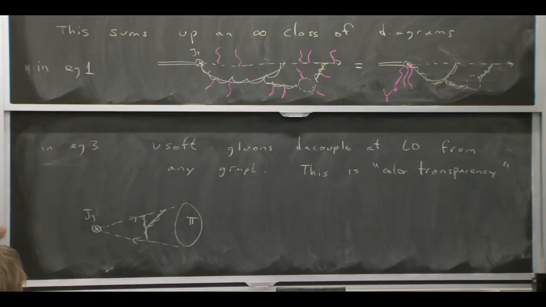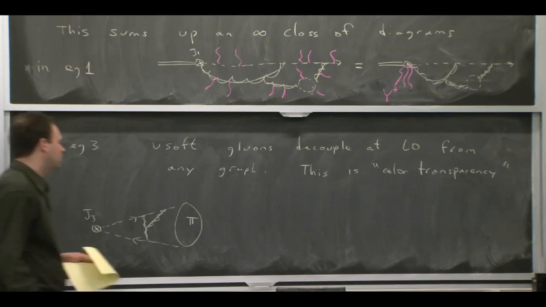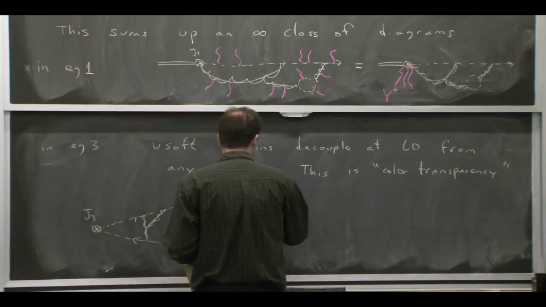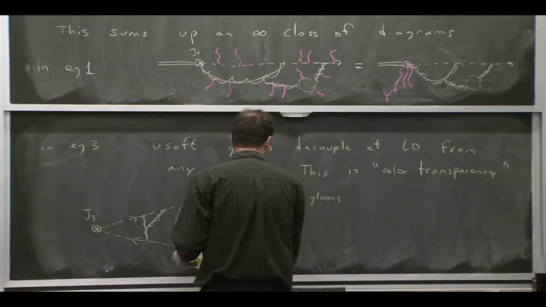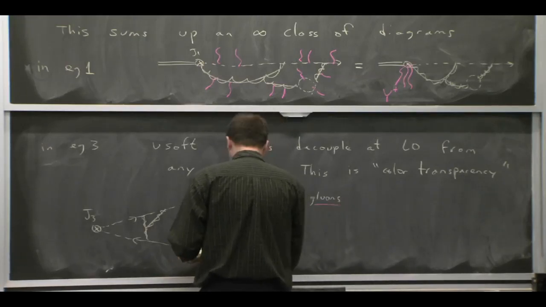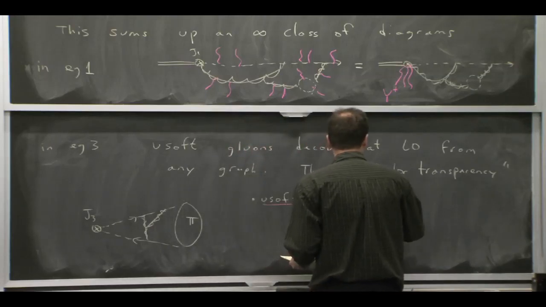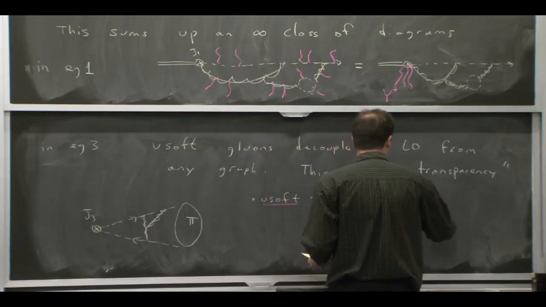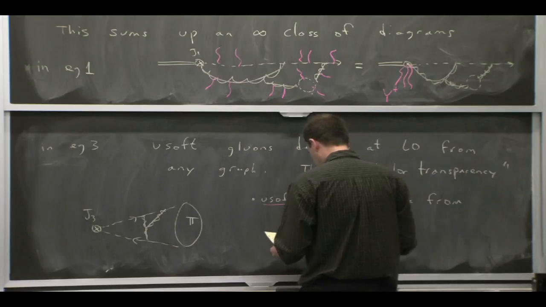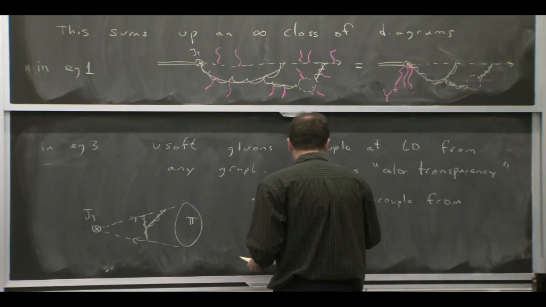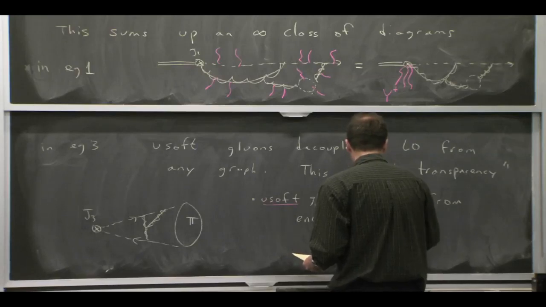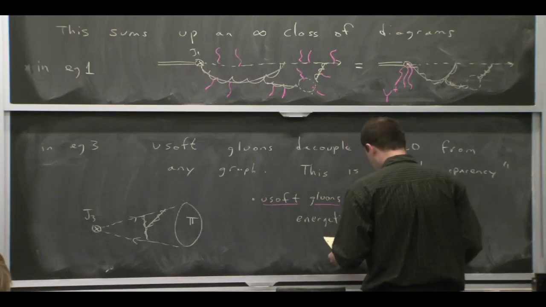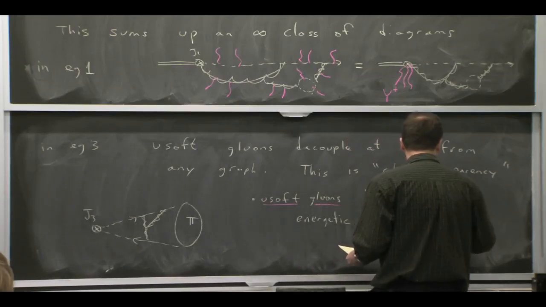If we attach all the ultrasoft gluons to this object, then the Wilson lines cancel. So the ultrasoft gluons are decoupling from energetic particles. The reason that they're decoupling is because the partons here are in a color singlet state, which is this pion.